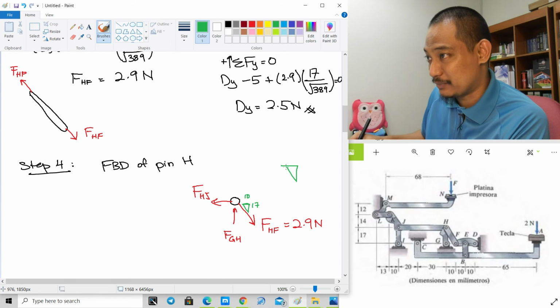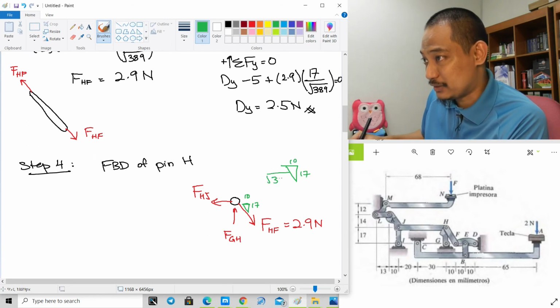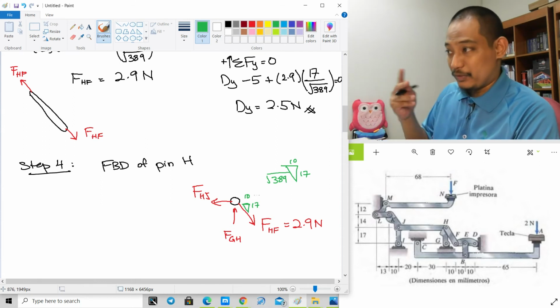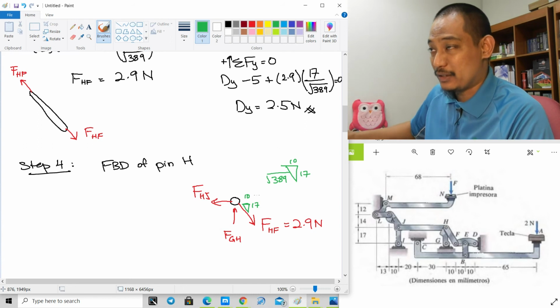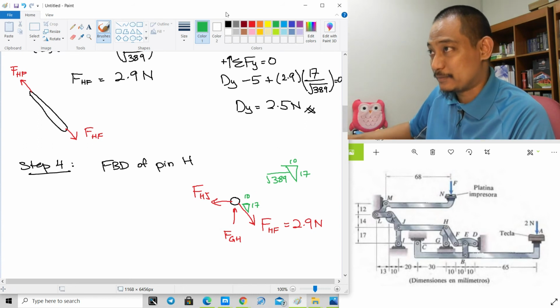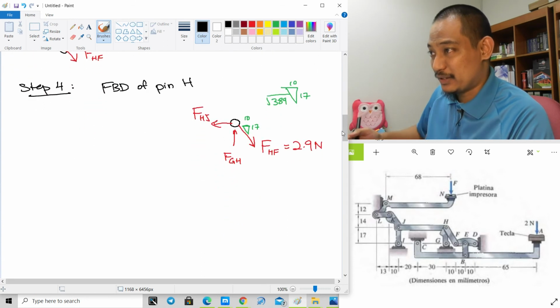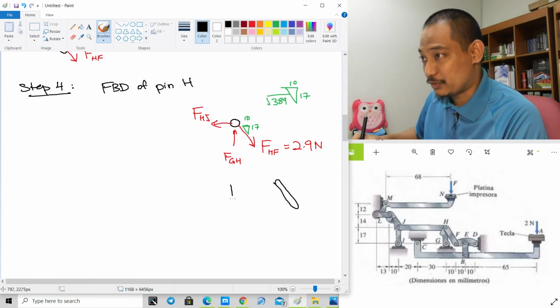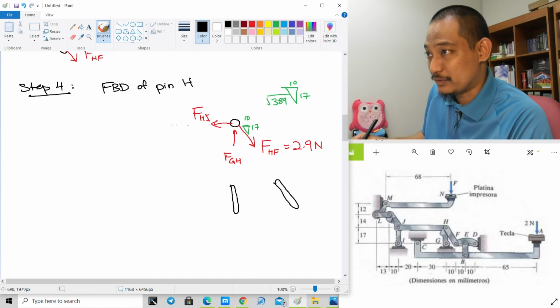Basically the triangle will become like this: 10, 17, and square root of 389 just now, right? That is the triangle. If you understand the corresponding members, I'll draw them. Over here is a two-force member, over here is a two-force member, and over here is a two-force member.